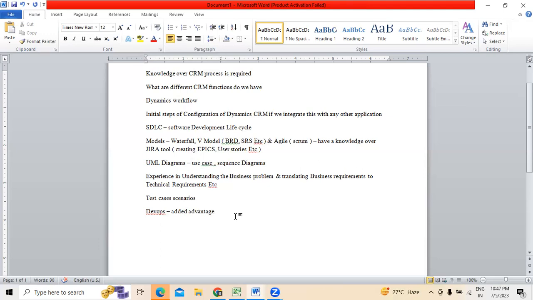So understanding about test case scenarios, etc. At the same time, knowing about the DevOps environment is also an additional advantage for you to become a business analyst in this regard.